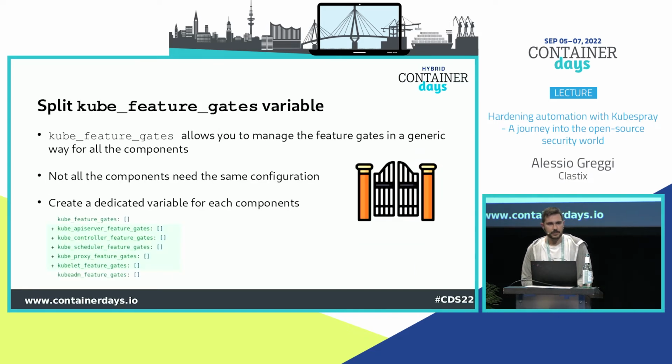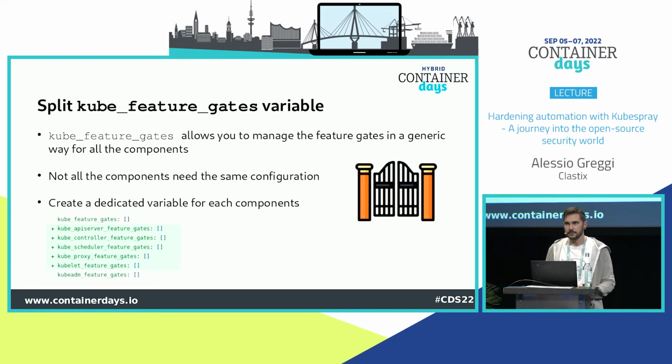Then the split of the KubeFeatureGates variable. This is not really a hardening feature, but this led us to set up another hardening feature. The KubeFeatureGates variable essentially allows you to manage the feature gates in a generic way for all the components. So essentially, what you are doing with KubeFeatureGates is to configure all of the components in the same way.